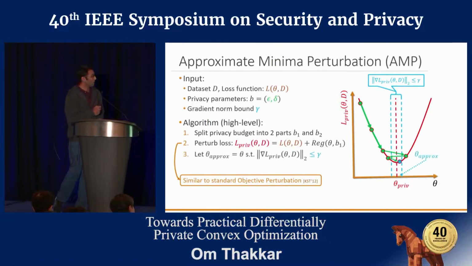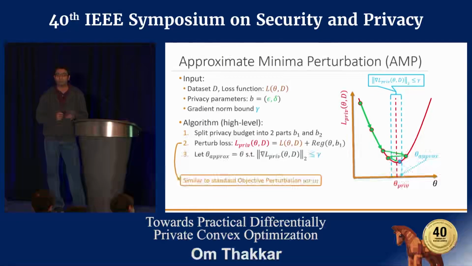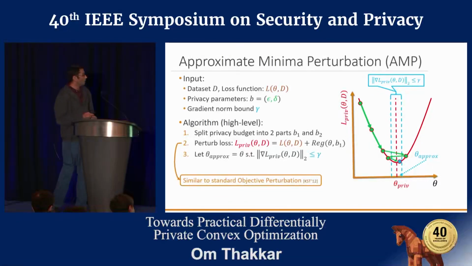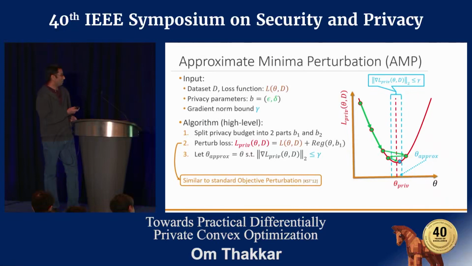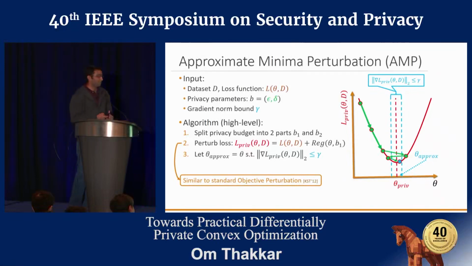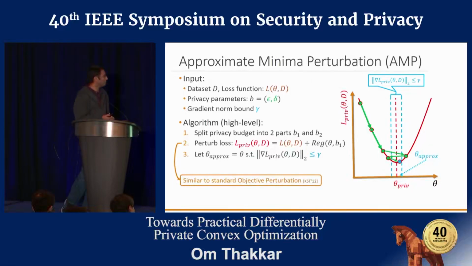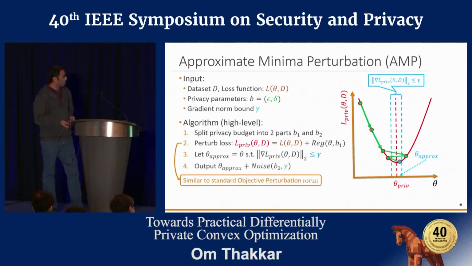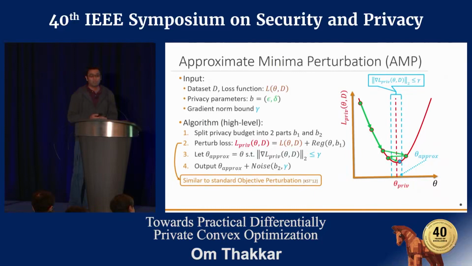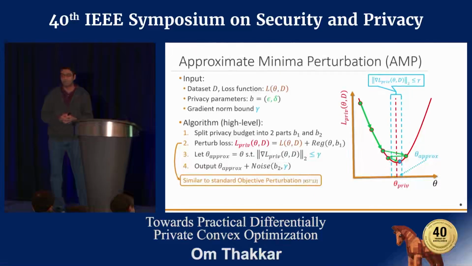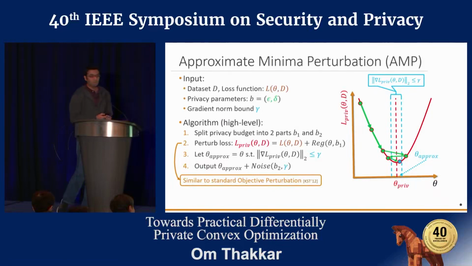So you continue optimizing until you reach any point within this region. Let's denote that point by theta approx, as it is an approximate minima of the perturbed loss. What you do is you add some noise using the second part of your privacy budget and release that model. So this is the output of the algorithm.